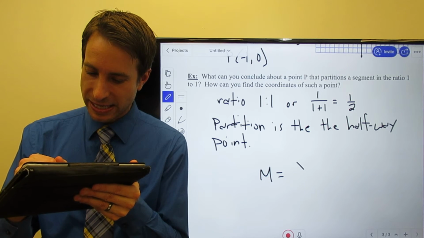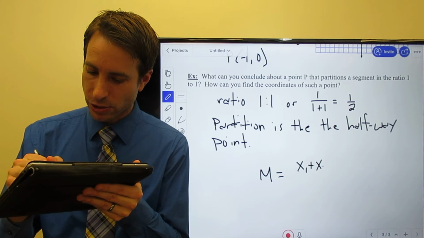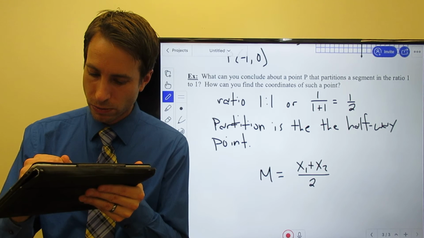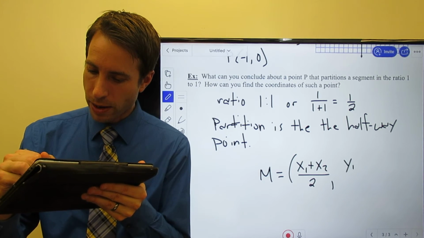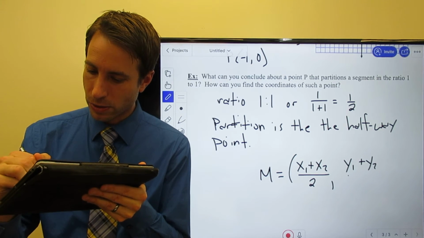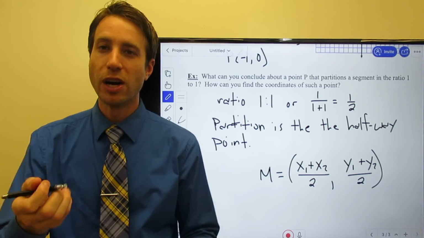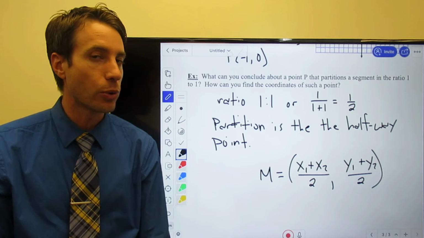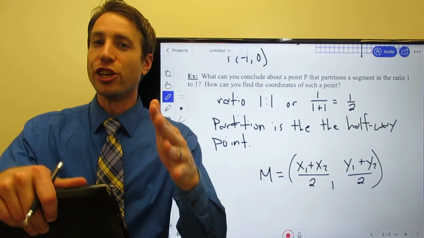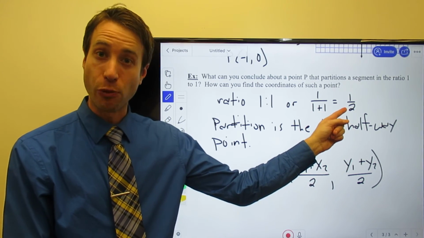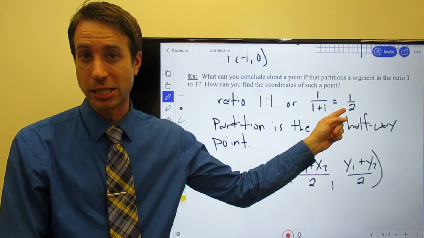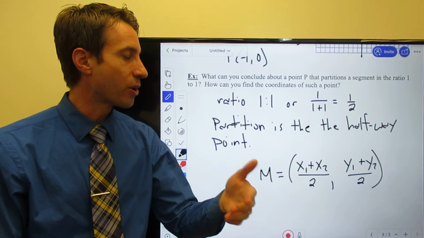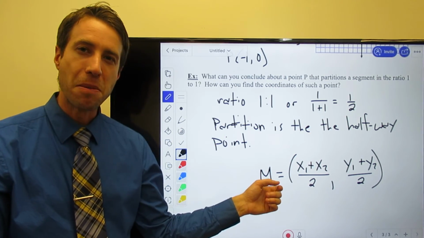So the midpoint is x1 plus x2 over 2, y1 plus y2 over 2. So if ever I ask you to divide a line segment into a ratio of 1 to 1, you know the partition will be the halfway point, because the ratio comes out to be 1/2. That's the halfway point. How do we find the halfway point?